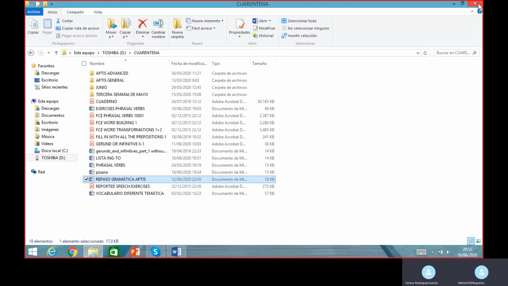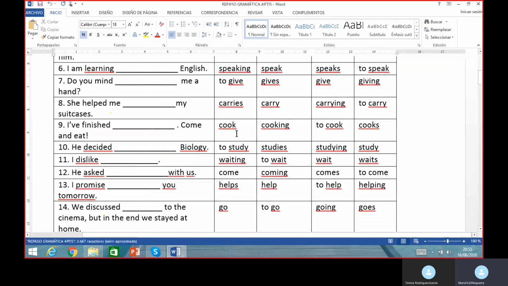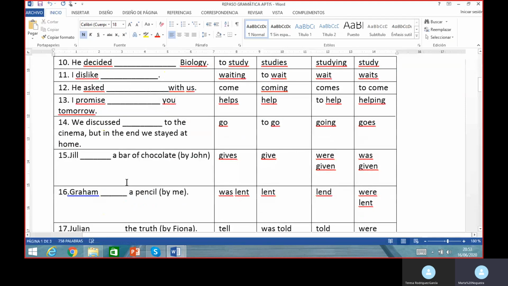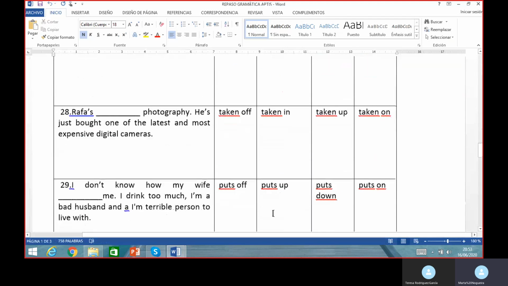Si tenéis alguna duda, te la apuntas y luego ya me comentas otro día. No os preocupéis por eso. Y si queréis repasar algo más, cuando vemos esto de la gramática, van a entrar condicionales, lo del cook o cooking, tiempos, la pasiva, va a ser un popurrí.